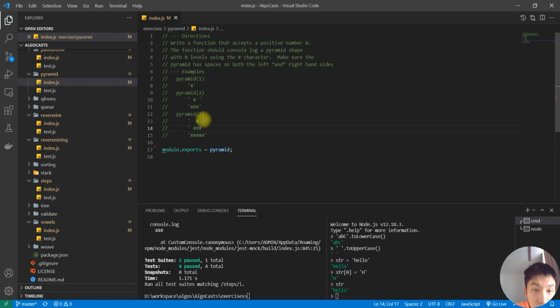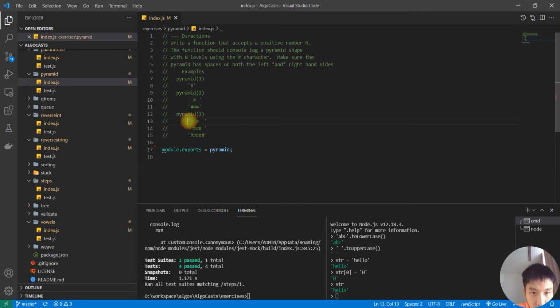So it's pretty straightforward, I think. But remember, there are spaces as well, not only the hash.